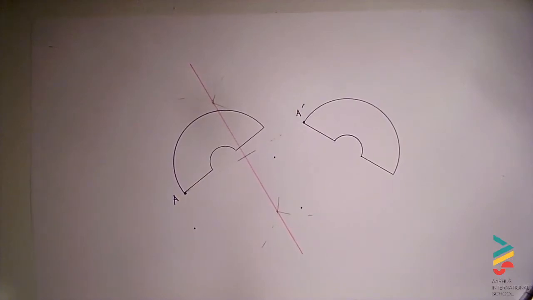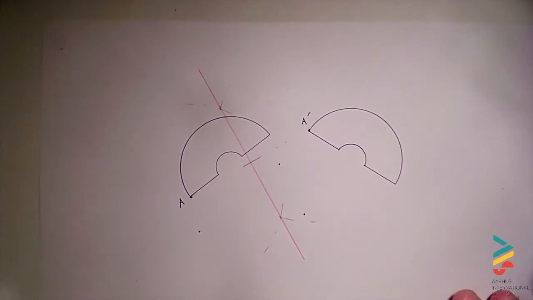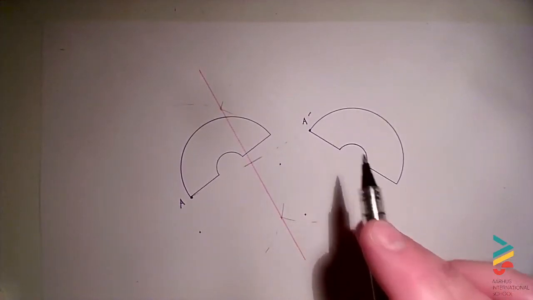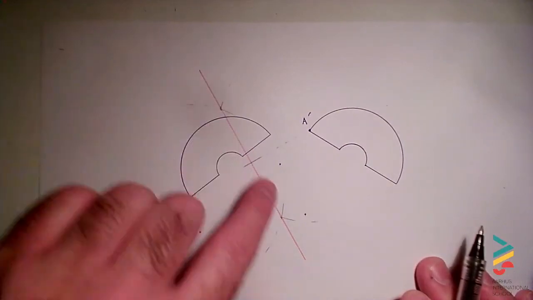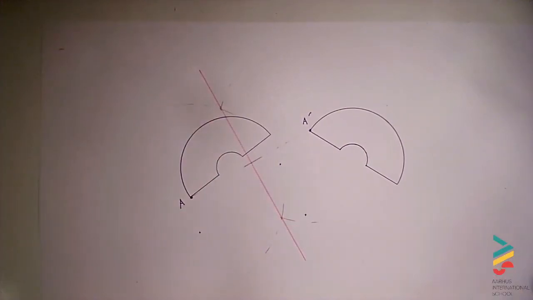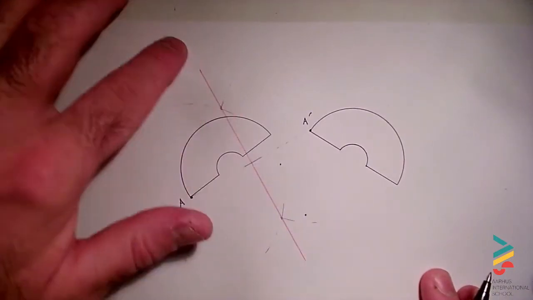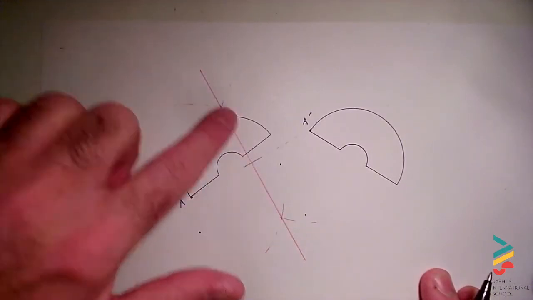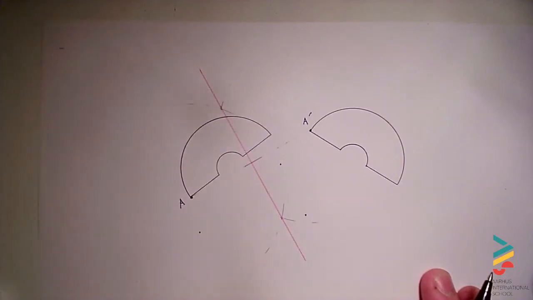So we know that the center of rotation is the same distance from A and A dash, and we know that this red line is all of the points that are the same distance from A and A dash. So in other words, the center of rotation is somewhere along that red line, but we don't know exactly where.